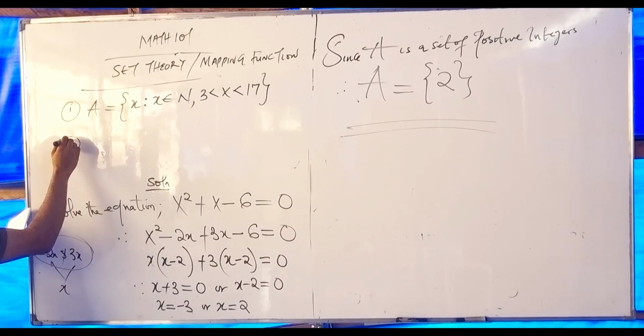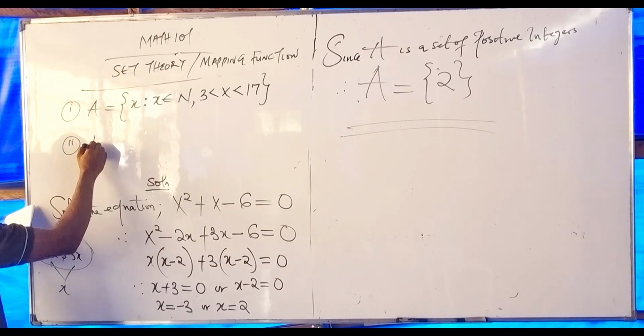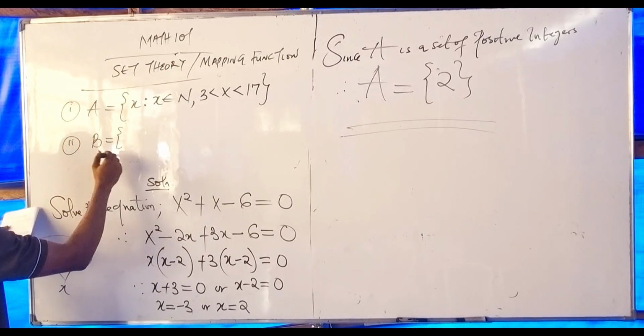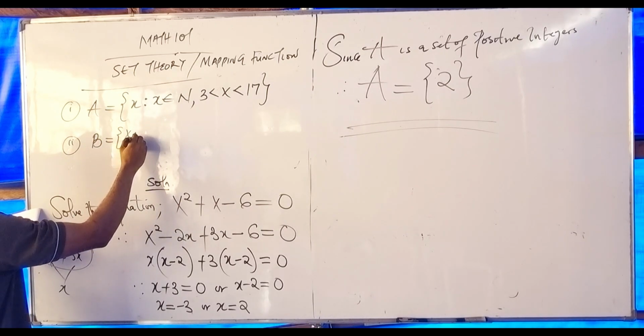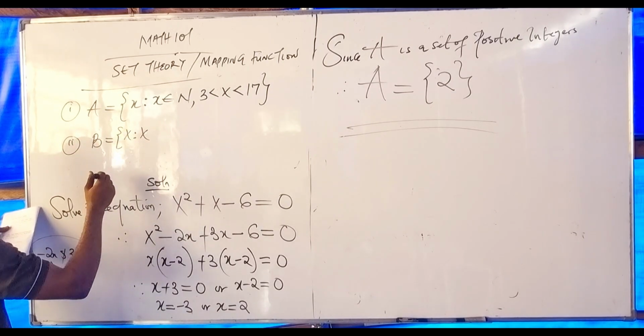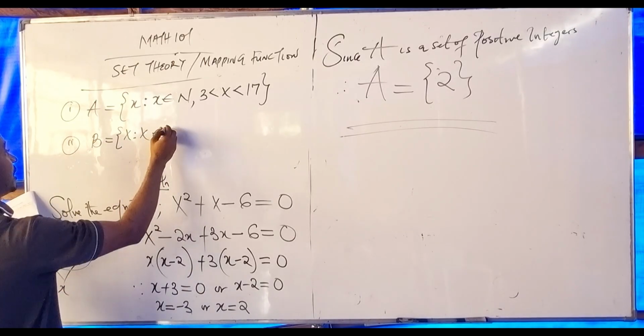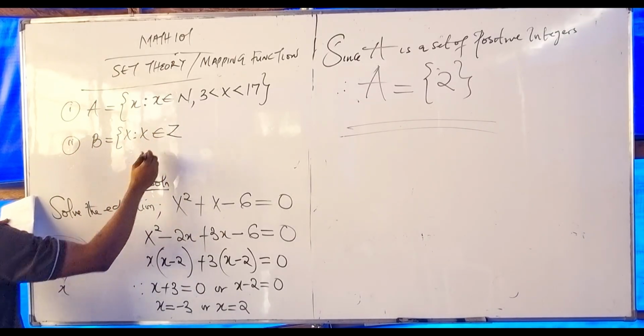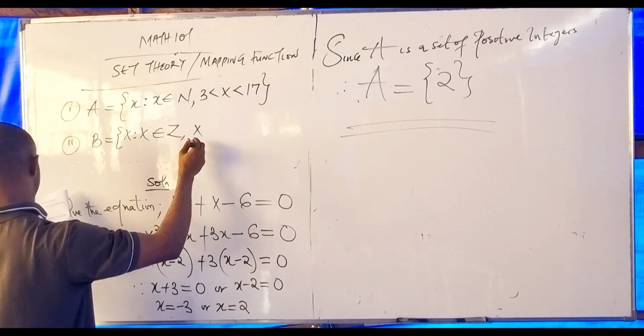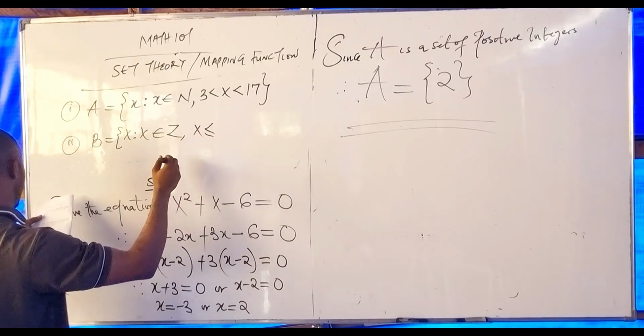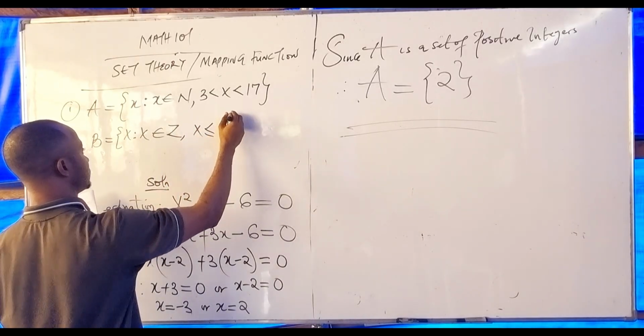Number 2, B is x such that x is an integer Z, where x is less than or equal to 11.